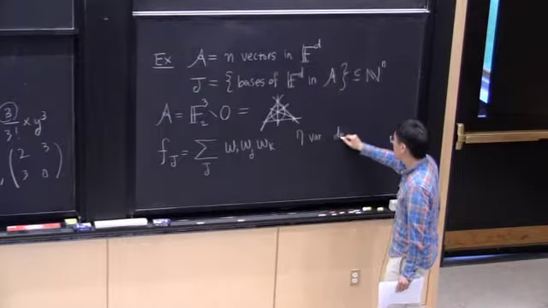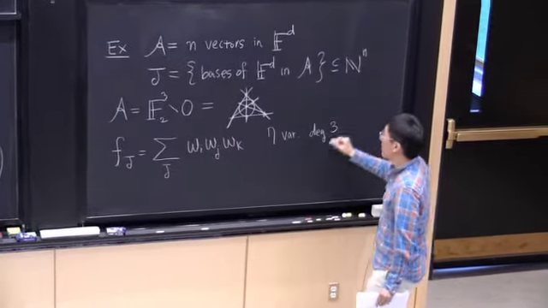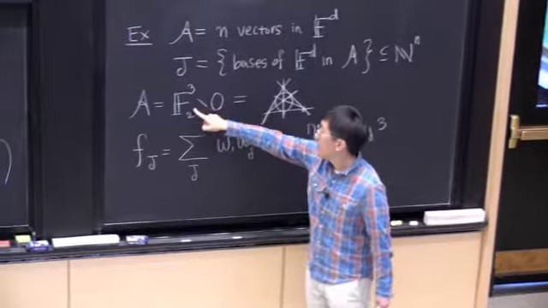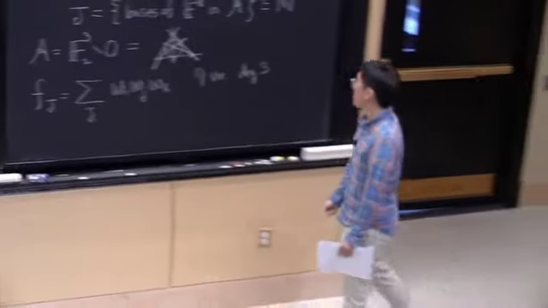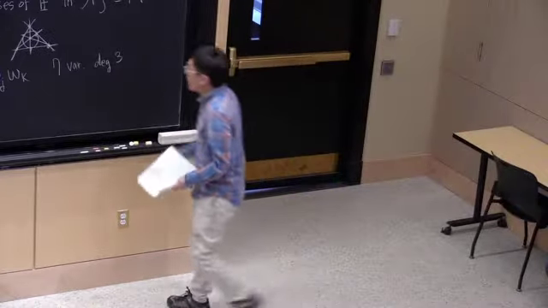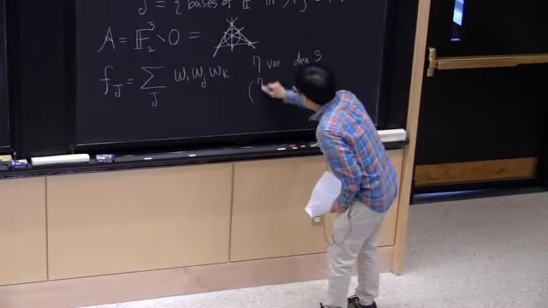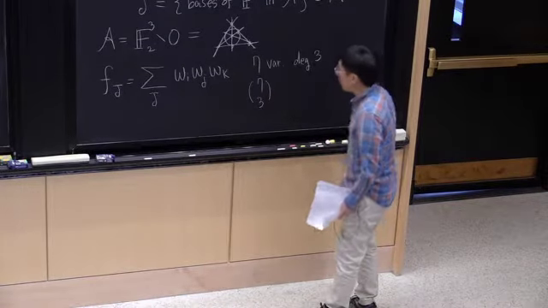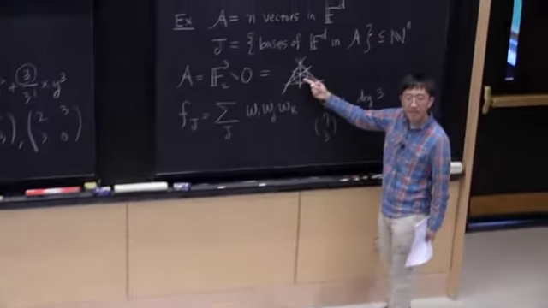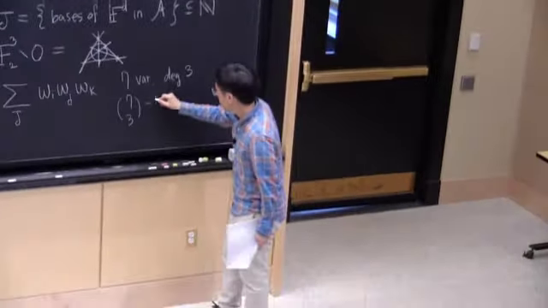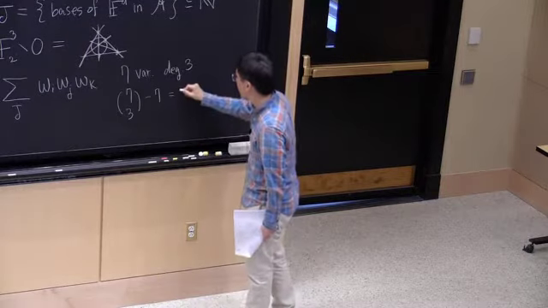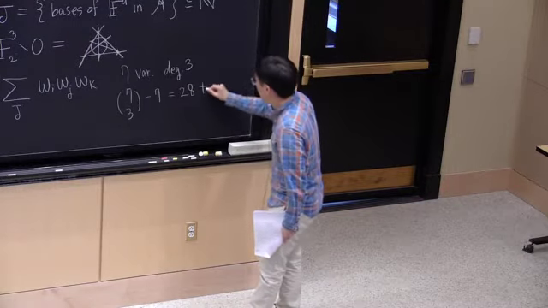And it has clearly degree 3, because any basis has 3 vectors from A. And how many terms? I have 7 choose 3 terms, except that those triples on one of the 7 lines do not appear. So 7 choose 3 minus 7, so that's 28 terms.